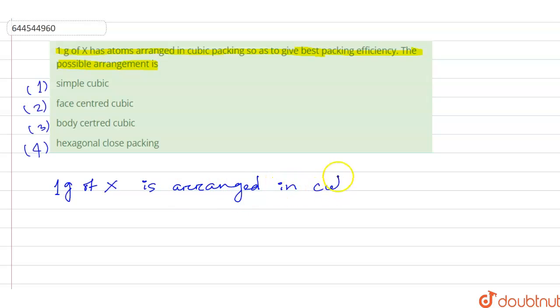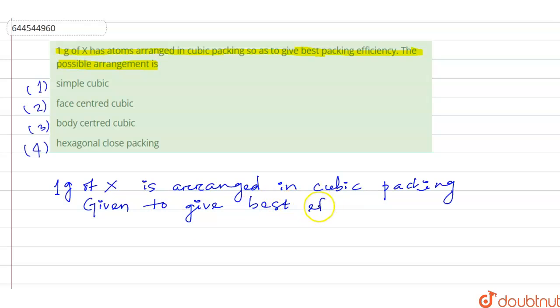And also one more given thing is that it is packed to give the best efficiency, correct? Hence, we know that the best packing efficiency is how much?